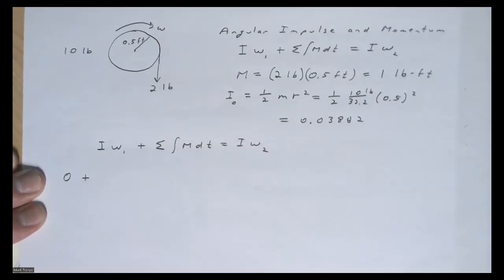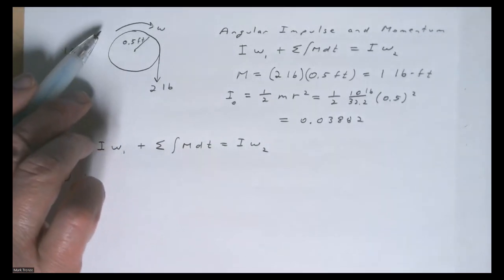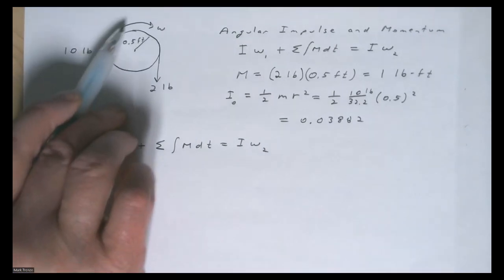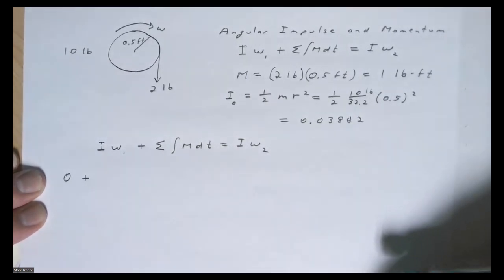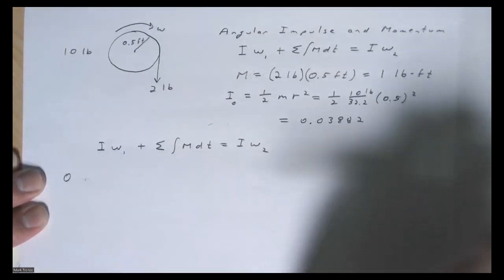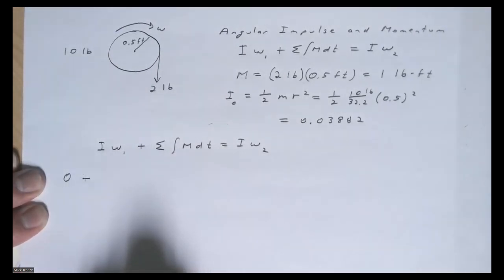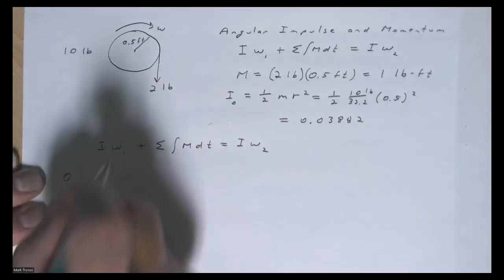It doesn't matter if you call this positive or negative, because all it wants to know is the actual angular velocity. I'll call clockwise positive this time. If you wanted to be consistent, you could call the other way. In fact, let me call counterclockwise positive, because that's usually the way we do it. And therefore, this is being pulled in the clockwise direction.